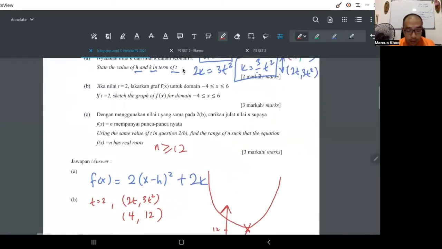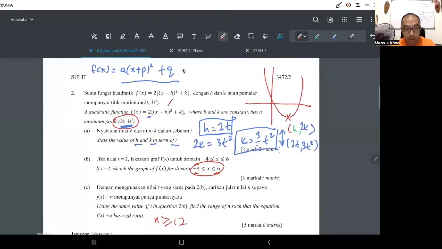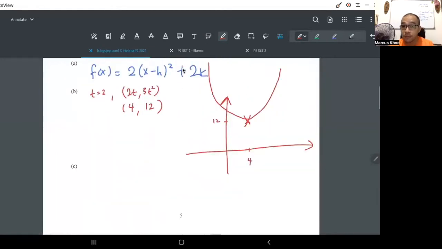And so we find that when they give the domain, x is between -4 and 6. Actually, -4 and 6 have already been given to you, and you can substitute them into the equation, because you already have the value of h and the value of k, which is 4 and 12.